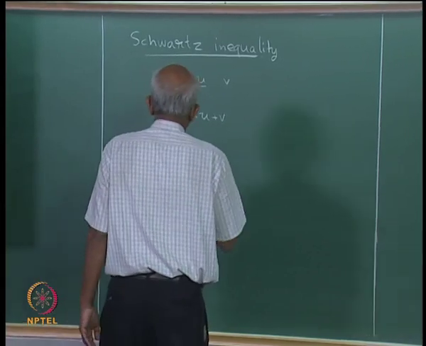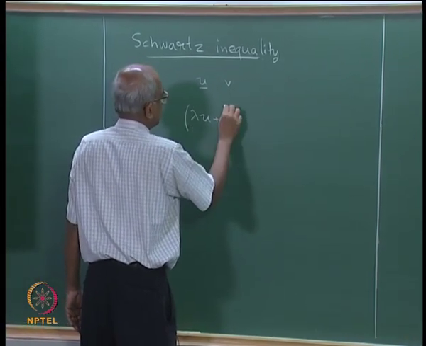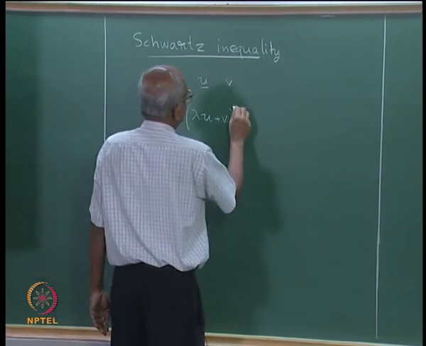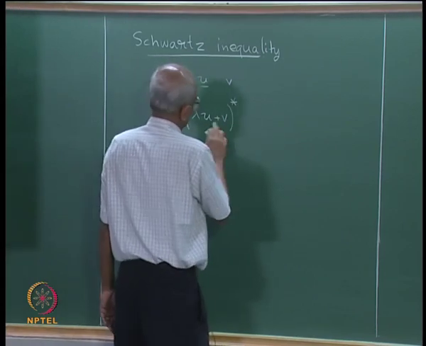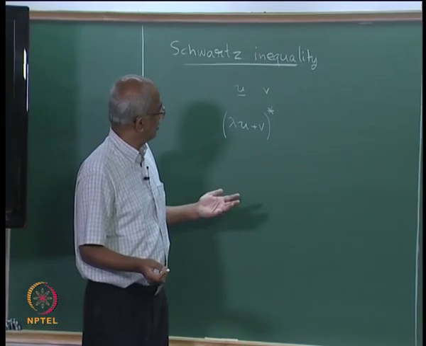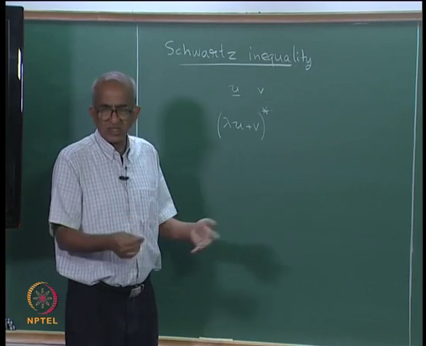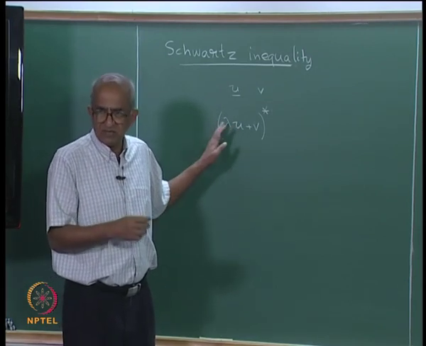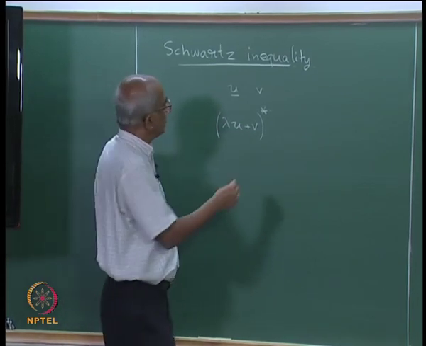So, what I am going to do is, you can take this function, okay, take its complex conjugate. These are functions of any number of variables, u and v.